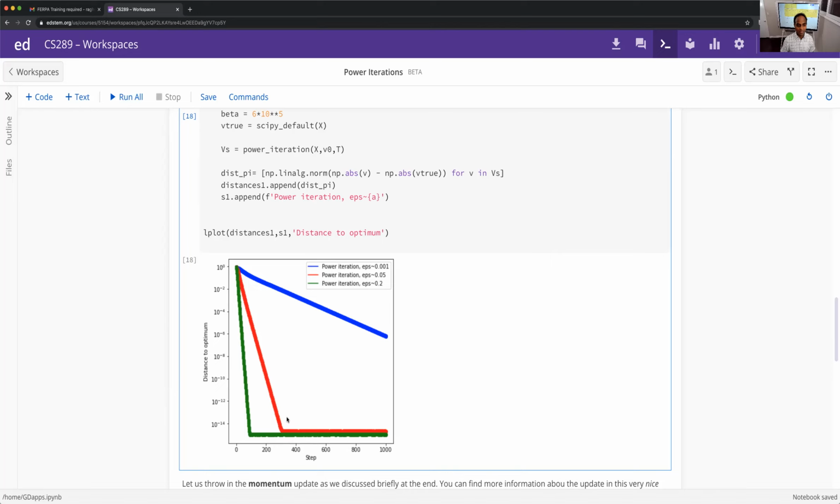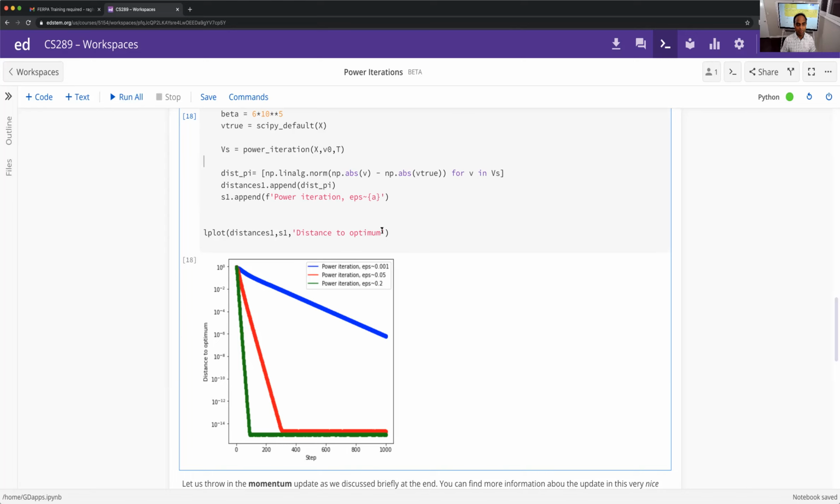And you might wonder why there is a line, but remember that this is a log plot. So I'm plotting log of the error. So when I take the log, and if it is becoming linear, that means you're having exponential decrease in the error. Okay, and it's kind of clearly evident in this diagram when you plot log of the distance to optimum. And the slope of this line is determined by the gap as evidenced here.